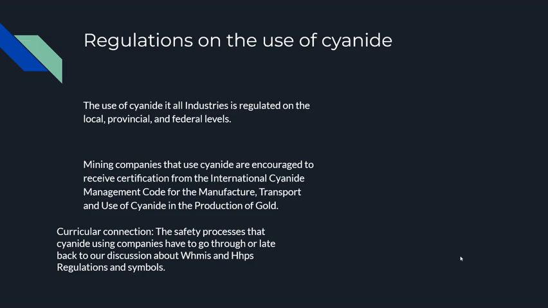The regulation of cyanide use is one of the benefits. If cyanide is regulated, it could be very safe, even though the safety concerns are big, because the use of cyanide in all industries is regulated on the local, provincial, and federal level, and mining companies that use cyanide are encouraged to receive certification from the International Cyanide Management Code for manufacture, transport, and use of cyanide in the production of gold.